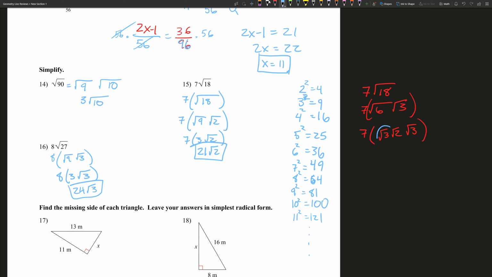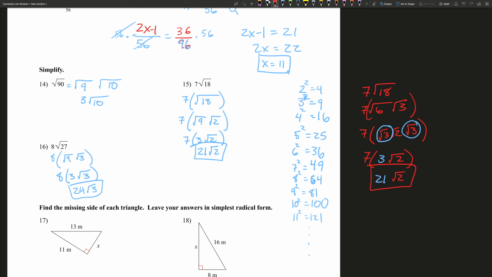Because there are two square roots of 3, they combine together to just be 3. So then this becomes 7 times 3 rad 3. It's 3 rad 2. Okay, and then 7 times 3 again is just 21. And then the rad 2 stays.